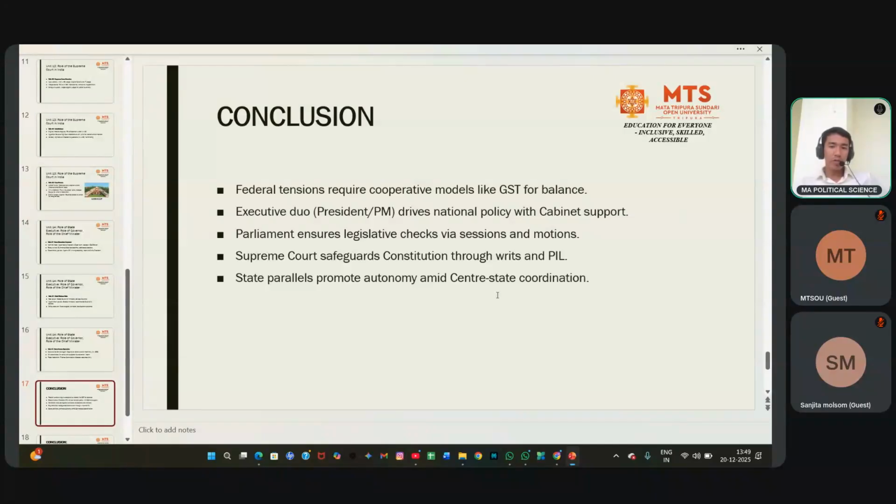States parallel promote autonomy and central-state relations. So cooperation is required between the central government and the state government if you want to work better in the future, but not fighting.